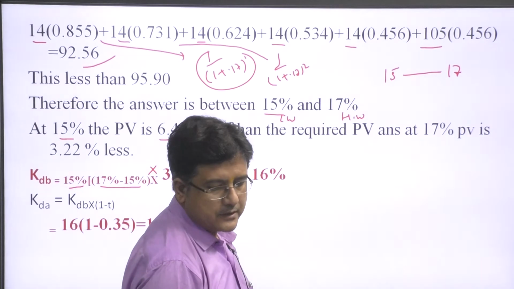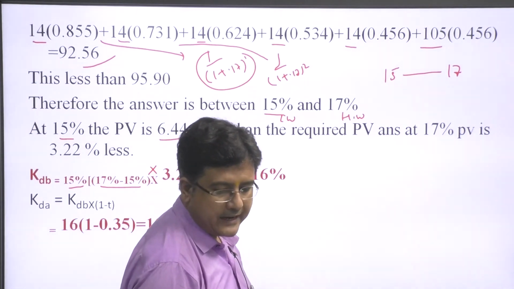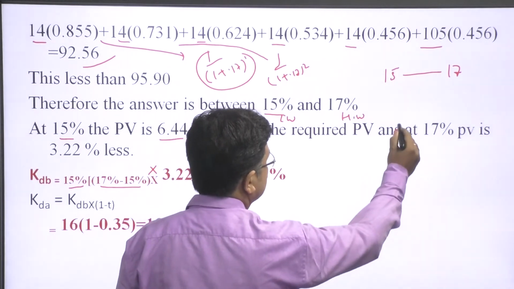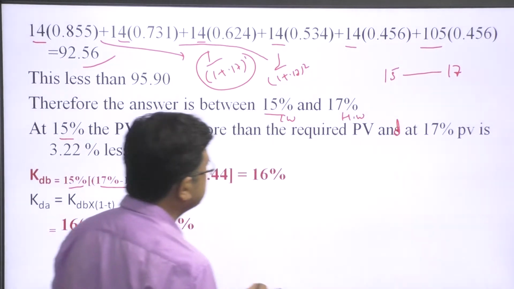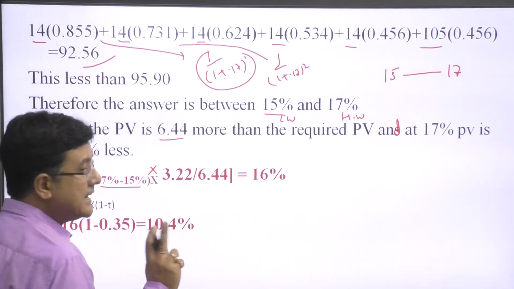So there is a difference: PV is 1.6 more than the required present value, and at 17% the present value is 3.32% less.